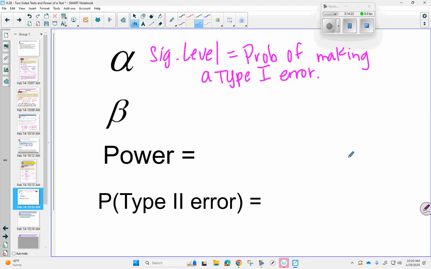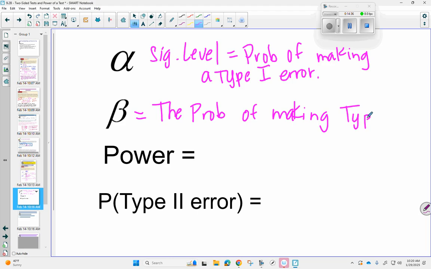Now, beta is the probability of making a type 2 error. Now, the power we want to avoid. Power is 1 minus beta. I don't want to make a type 2 error.